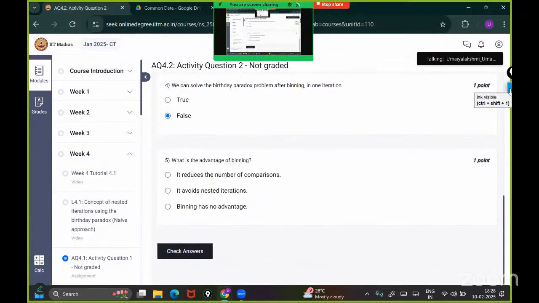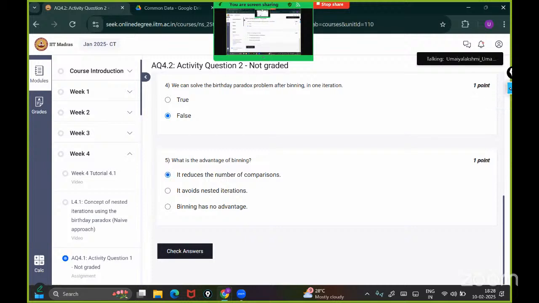So what is the advantage of binning? It reduces the number of comparisons. Exactly.